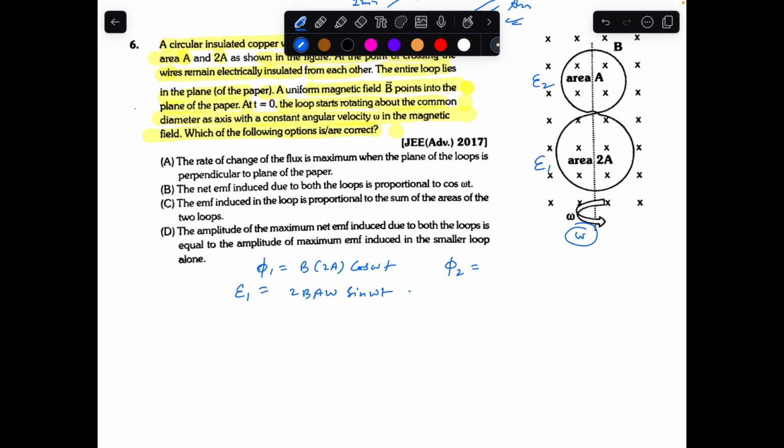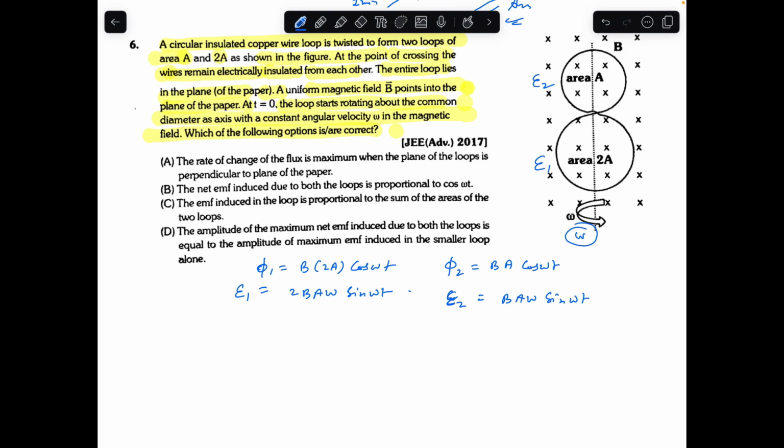What is phi 2? Phi 2 is BA cos omega t, since the area is A. So what will be E2? E2 will be BA omega sine omega t.